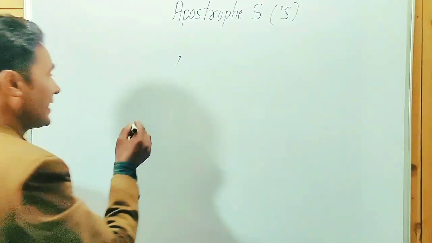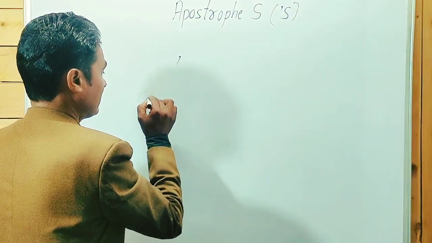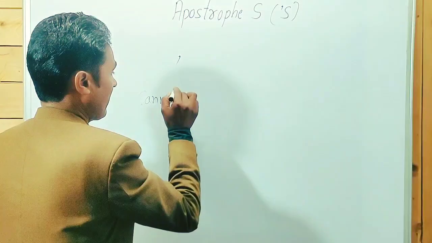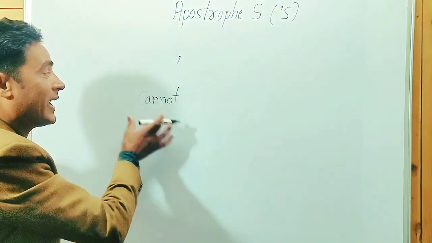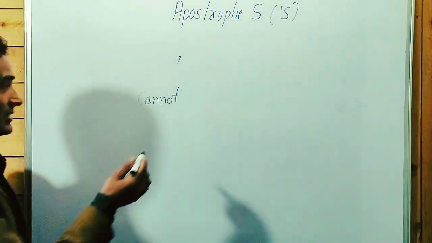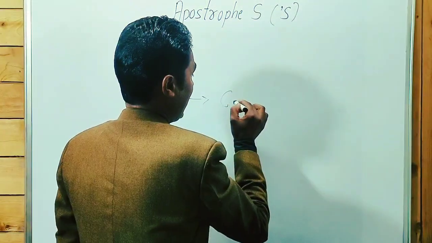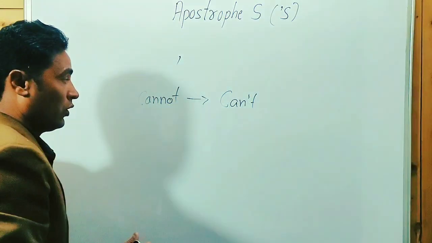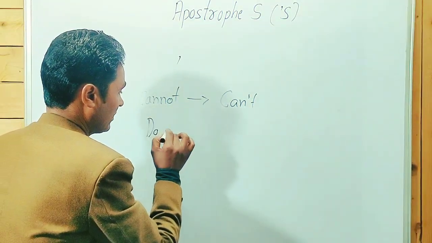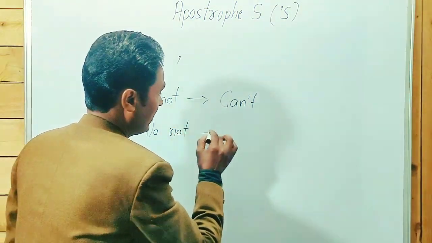How? Like we write can't for cannot. When we use an apostrophe, we can omit some letters. Cannot can be written can't. Do not can be written don't.